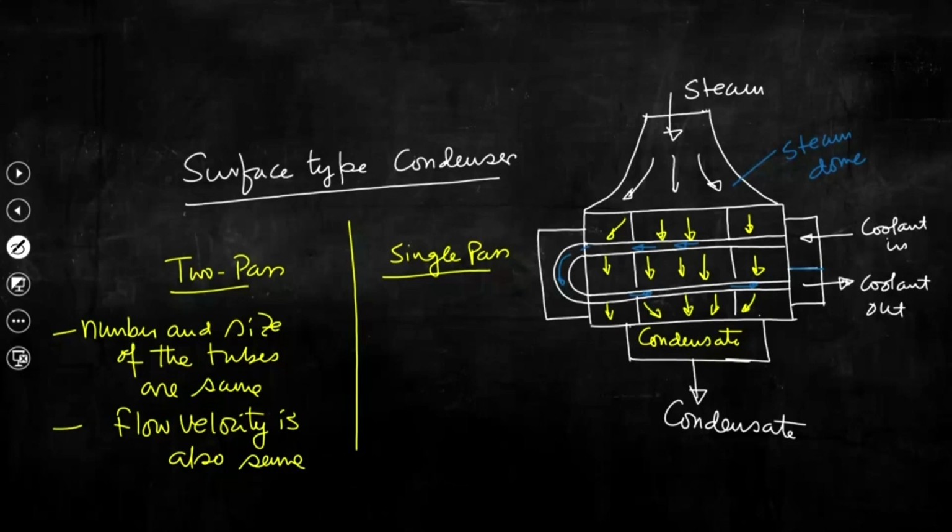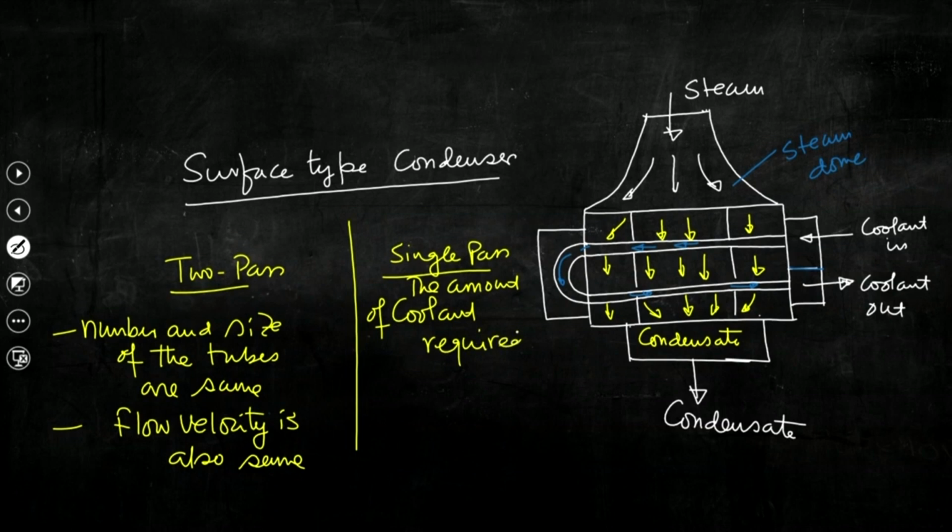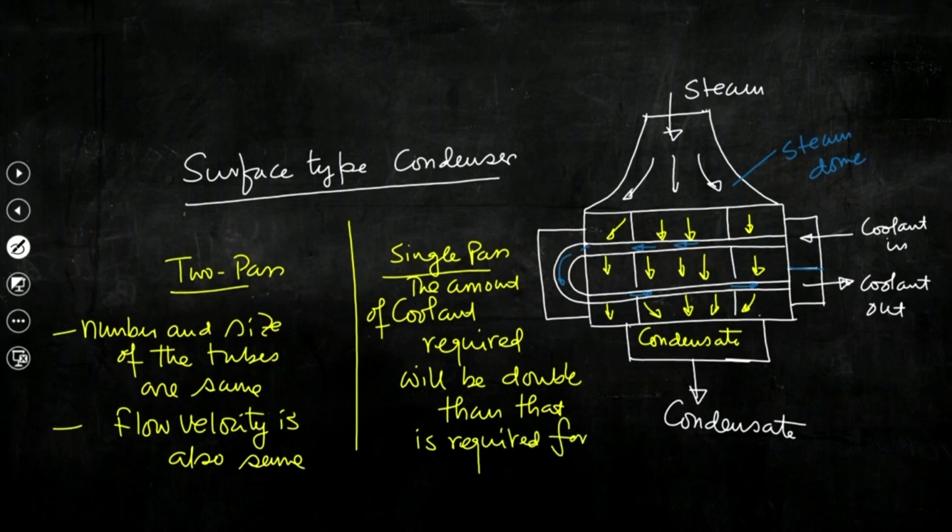Let me tell you once again: if we keep the number and size of the tubes the same, and consider the velocity of coolant through the tube to be the same for both cases, then the amount of coolant required for the single pass will be double that required for the 2 pass condenser.